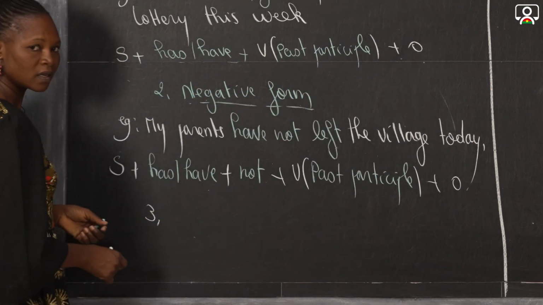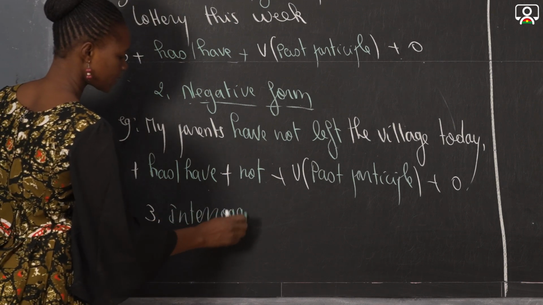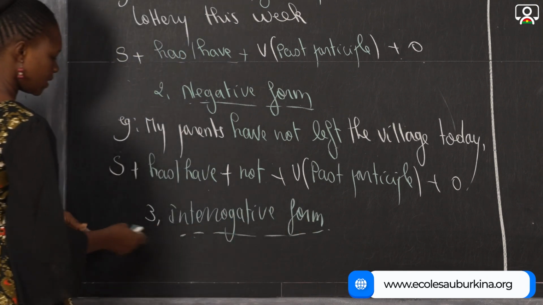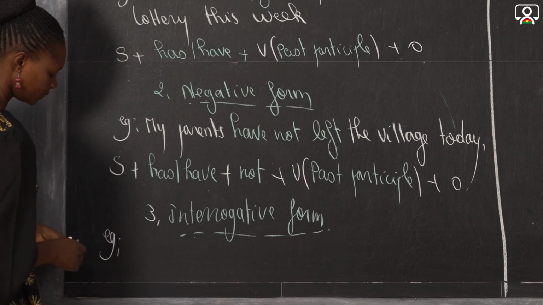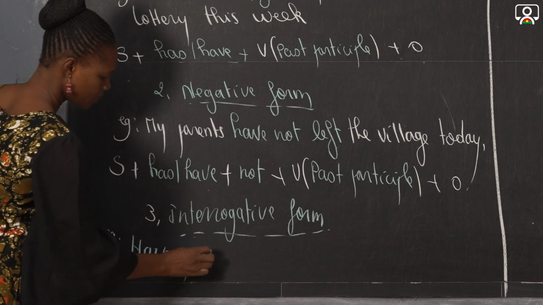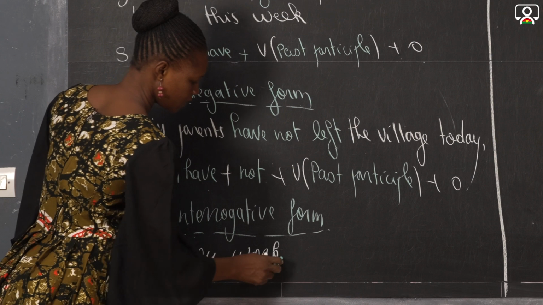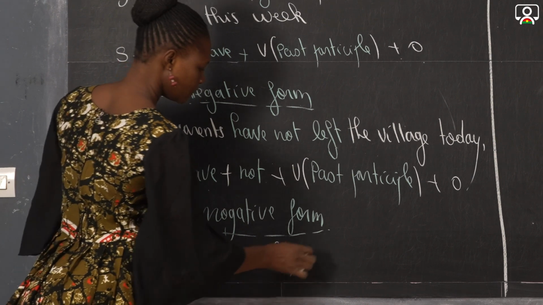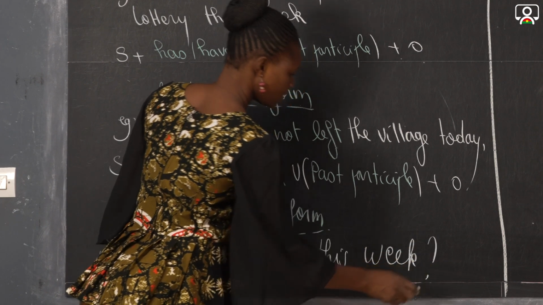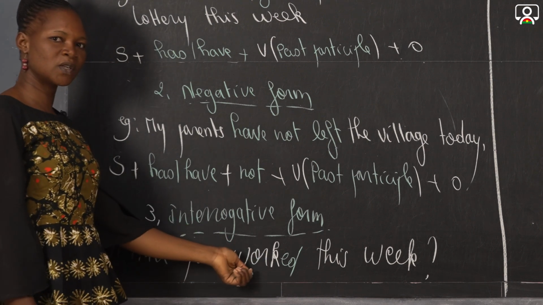Next, number three, we have the interrogative form. An example: have you worked this week? Here we have the verb to work.